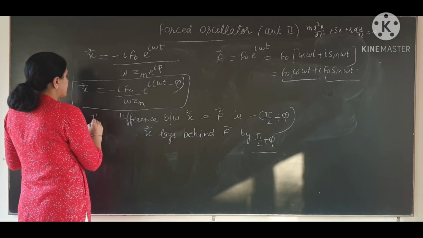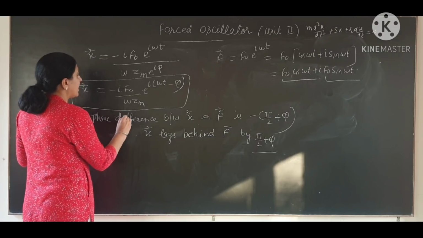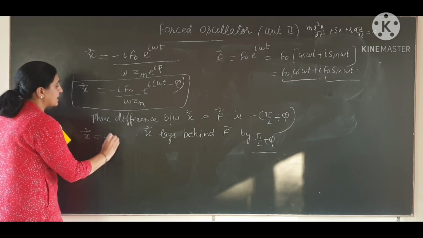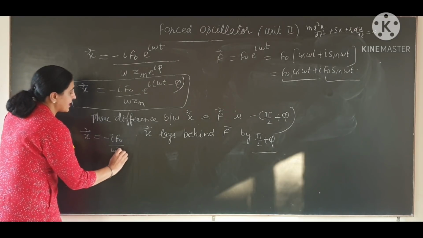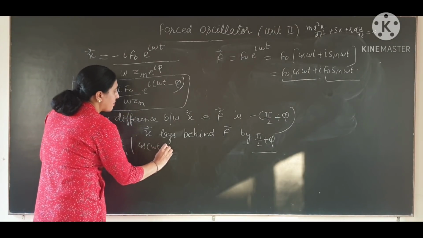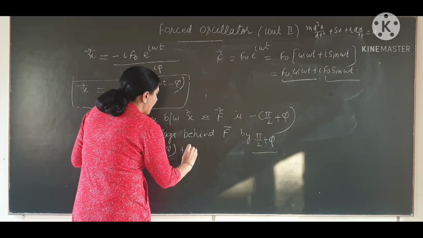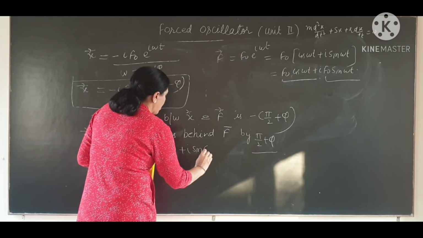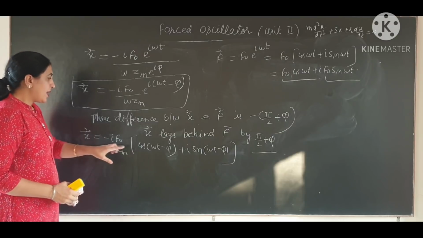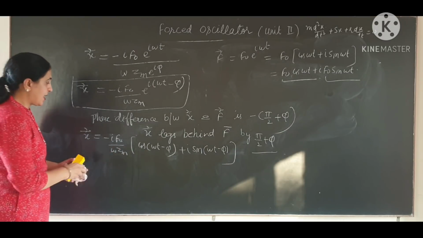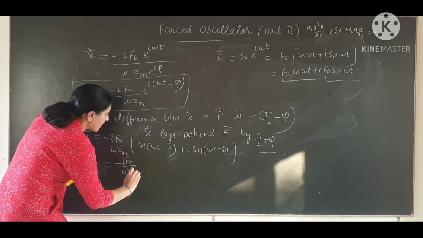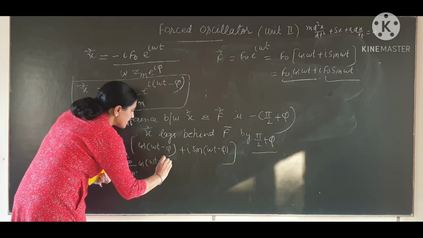Now, what is the real part of this displacement? To find out the real part, I write it as minus iota F naught over omega Zm, and e raised to iota (omega t minus phi) can be written as cos of omega t minus phi plus iota sine of omega t minus phi. When you open the bracket, the cos part gives minus iota F naught over omega Zm cos of omega t minus phi.